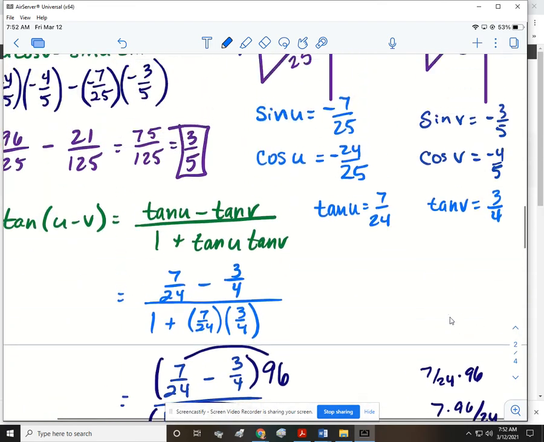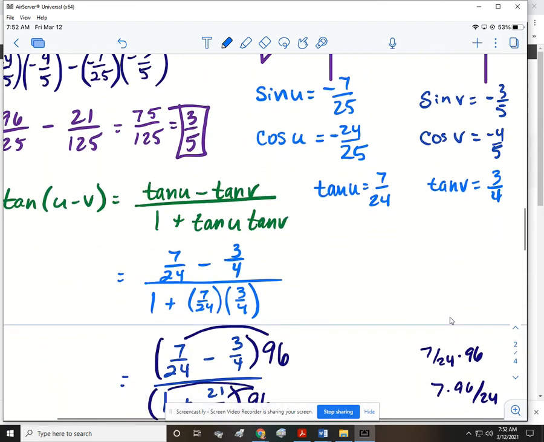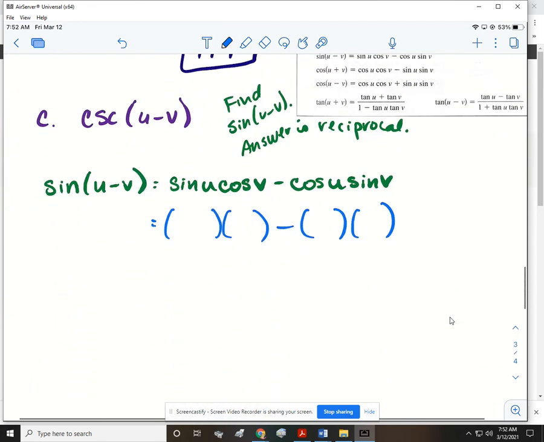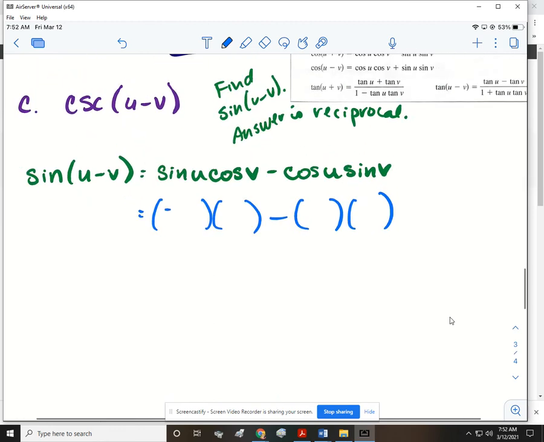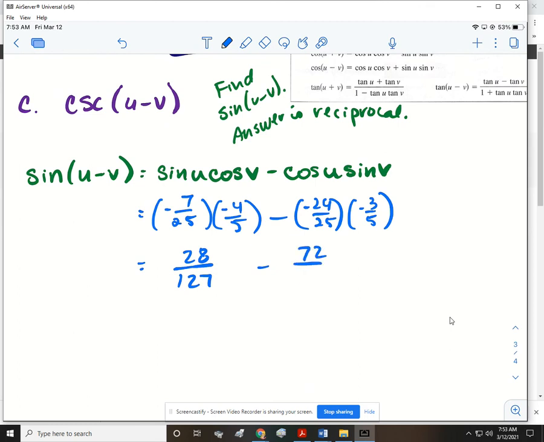All right, so I know my cosine of u and v and my sine of u and v, so I'm just going to take those and plug them in. And then multiply across my numerators and across my denominators.